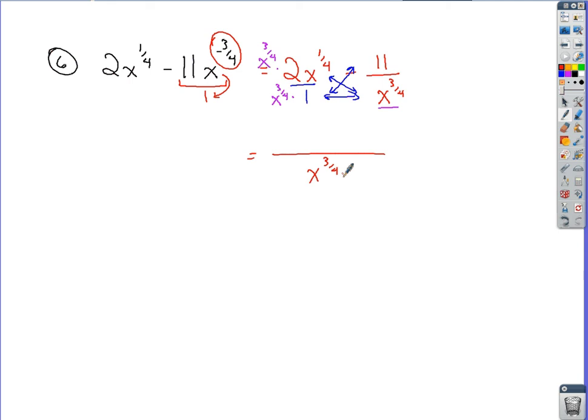How has this numerator over here changed? What does that become? Anybody know? 3. No, 1. Okay, still going to be 2. But you got like bases, don't you? So if you multiply like bases, what do you do with the exponents? You add them. 3/4 plus 1/4 is, conveniently, 1.